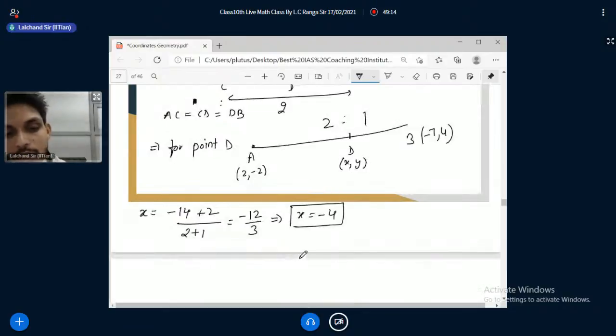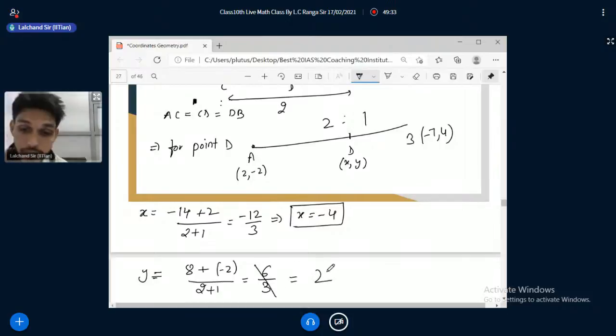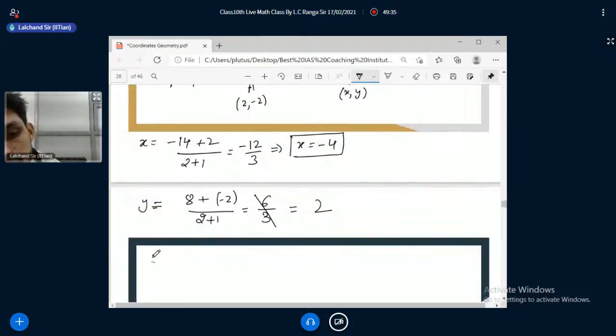If we calculate y value, then 2 into 4, 8, plus 1 into 2 minus 2, 6 by 3, that is equal to 2. So we can say point D coordinate will be minus 4 comma 2. Okay.